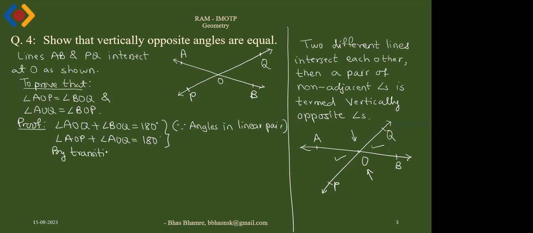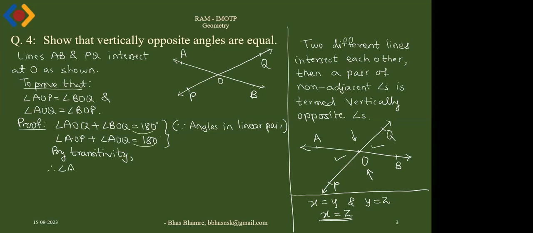Transitivity of equality means what? I am writing at the right down corner. Suppose x is equal to y and y is equal to z. So I consider x is equal to z. First is equal to second, second is equal to third, so first is equal to third. That we term as transitivity of equality. So these 180 degrees are the same.